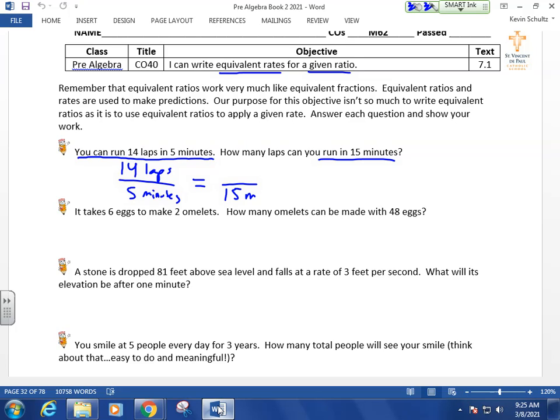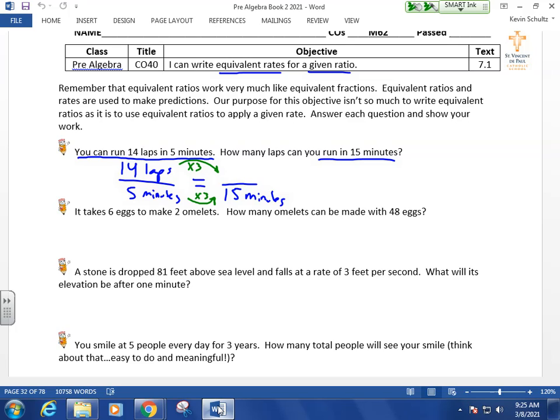If we set this up, 14 laps in 5 minutes equals how many laps in 15 minutes? We can see Aiden went right to scale factor, and he's saying, oh, 5 minutes times 3 brings me to 15. And if these are equivalent rates, then that means 14 times 3 is going to bring me to my number of laps, right? It makes sense.